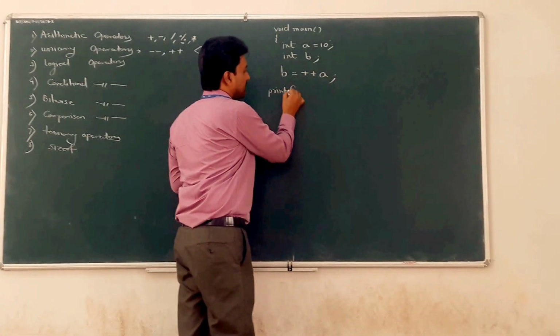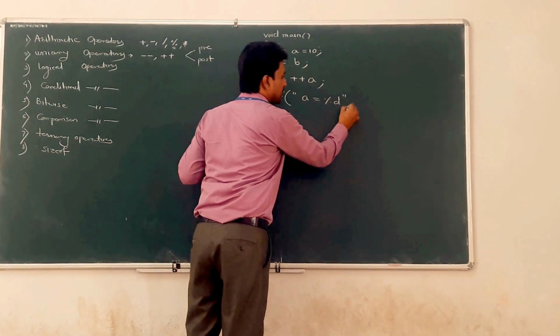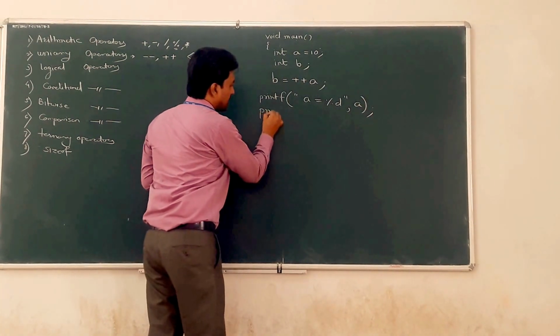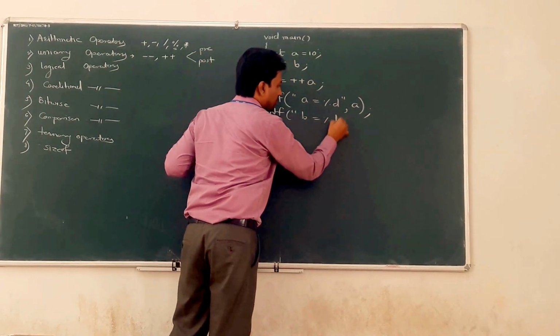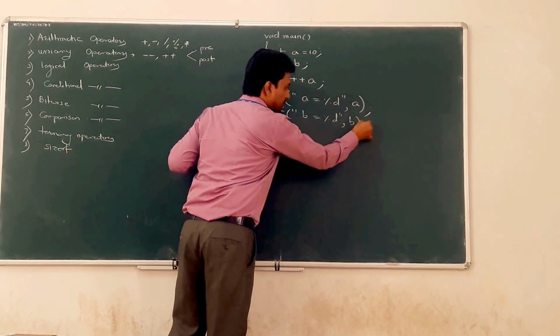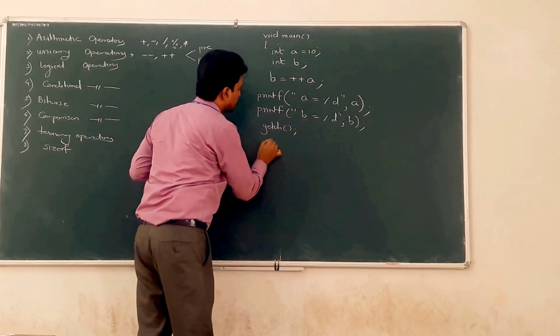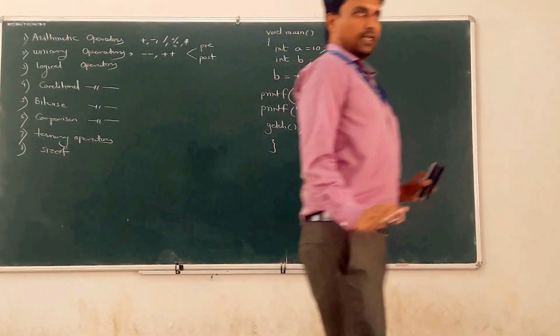Clear? So after that, just printf A is equal to percentage d, comma A. On the second line, printf B is equal to percentage d, comma B. Then getch to freeze the console. Main function complete. Clear?